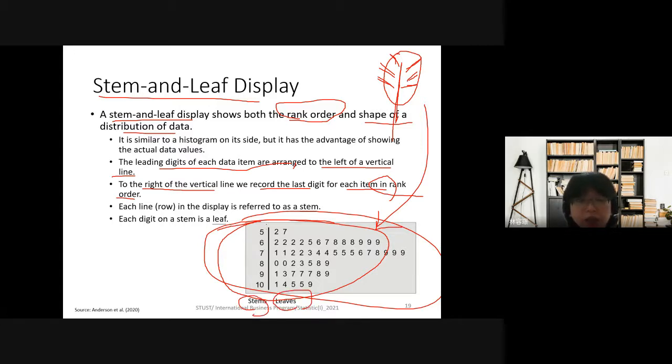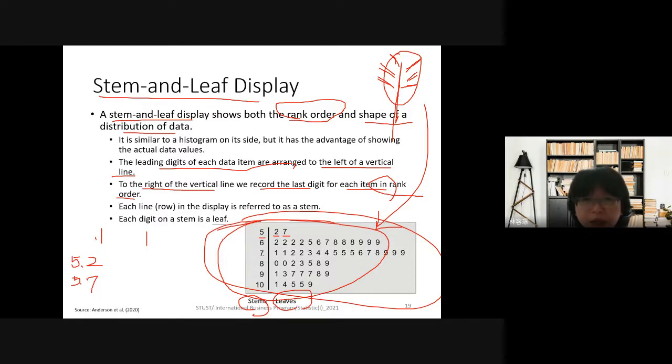For example, say the unit is 0.1, or the unit is 1. Then a stem of 5 with leaves 2 and 7 means there are numbers 5.2 and 5.7.